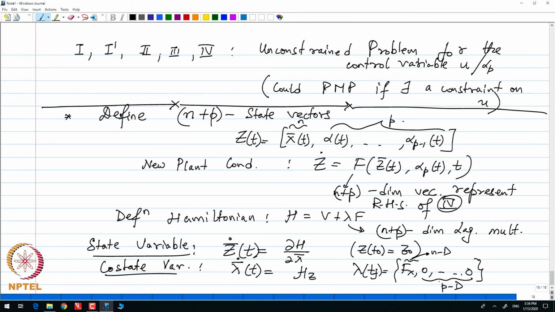And finally, my control variable is given by del h del alpha p, right. So, differentiating h with respect to alpha p, or h alpha p, I know that h is not a function of alpha p. So, that will be 0, and from here I can get my control solution u star.